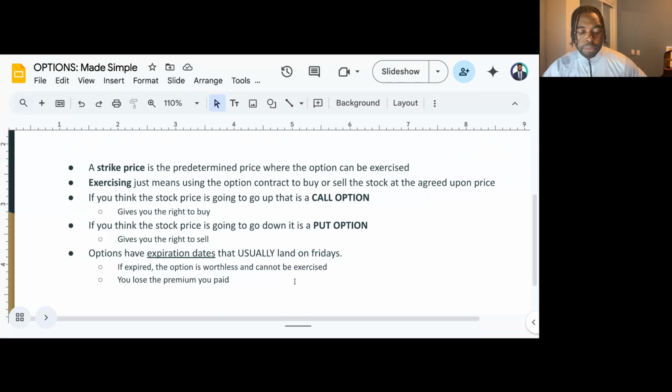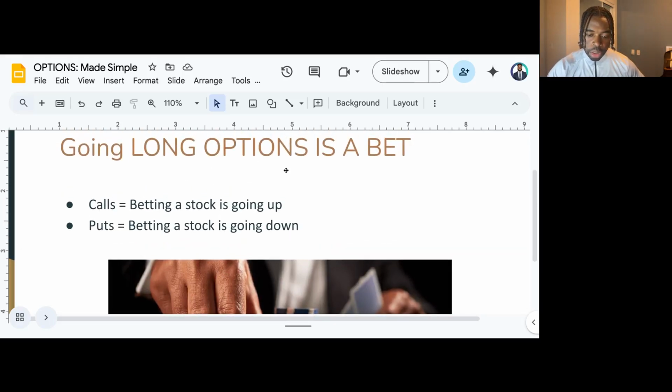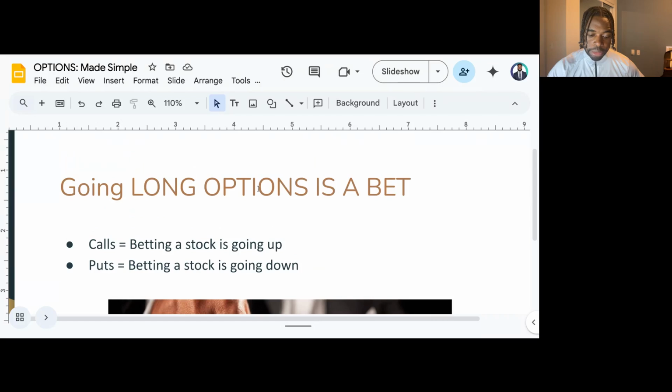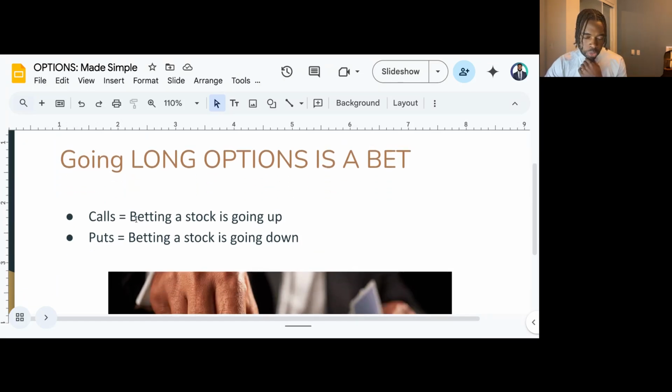Okay? So options have expiration dates that usually land on Fridays. So if they're expired, then the option is worthless and cannot be exercised. You lose the premium you paid. So again, going long options is a bet. Going long options just means that you're buying calls or you're buying puts.